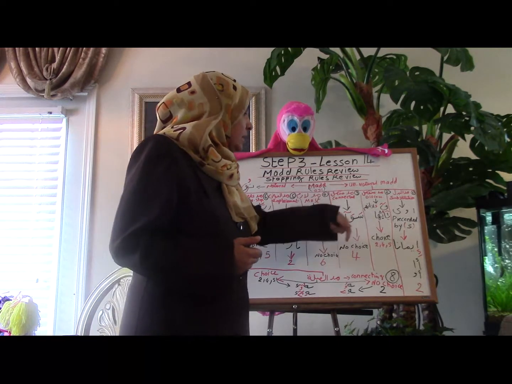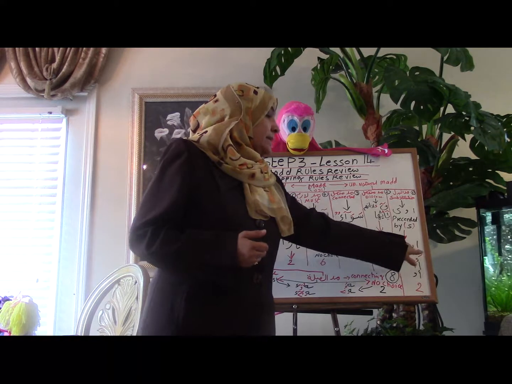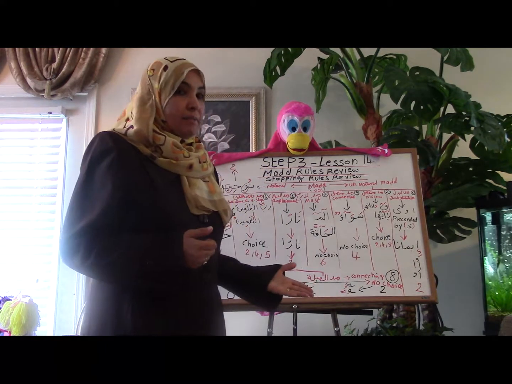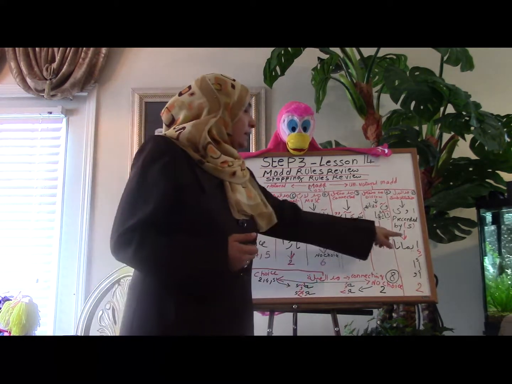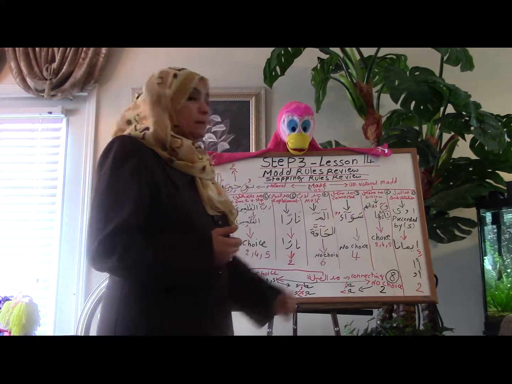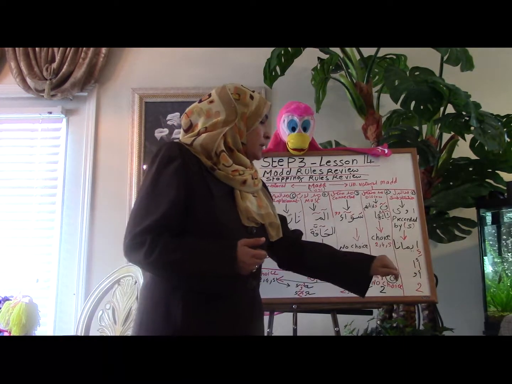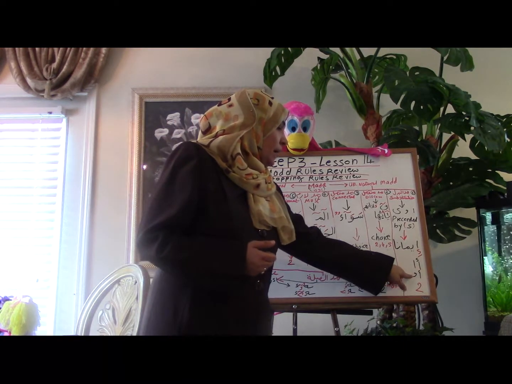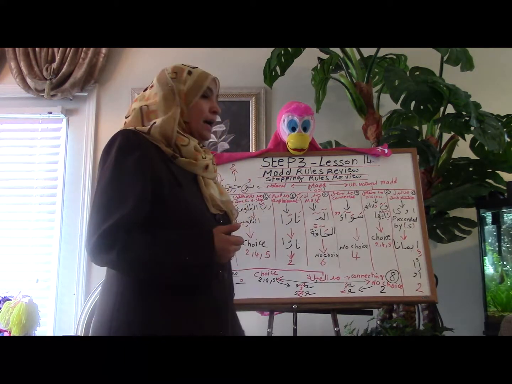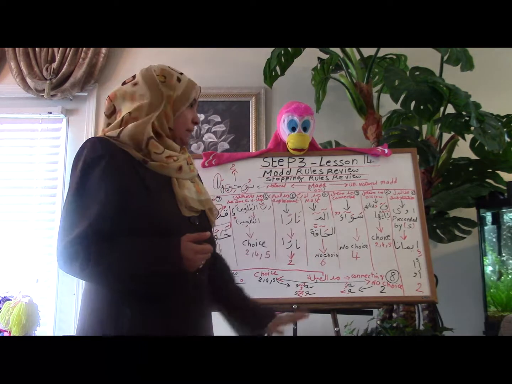For example, we have here a long vowel ya preceded by a hamza. So we say imana, imana, and so on. It can be a long vowel alif preceded by hamza, or a long vowel waw preceded by a hamza. So this is called mad al-badal, or substitution mad.